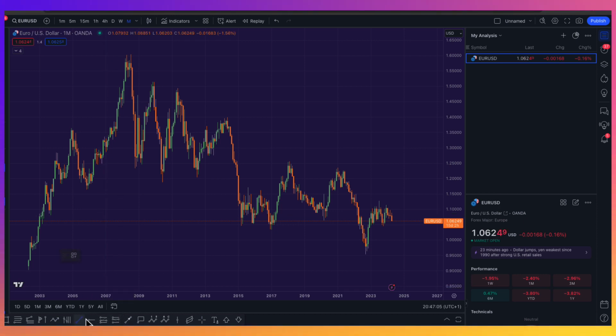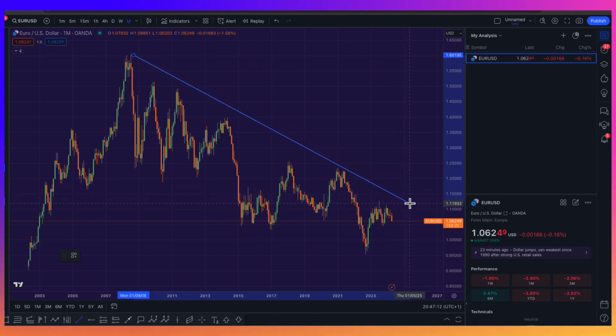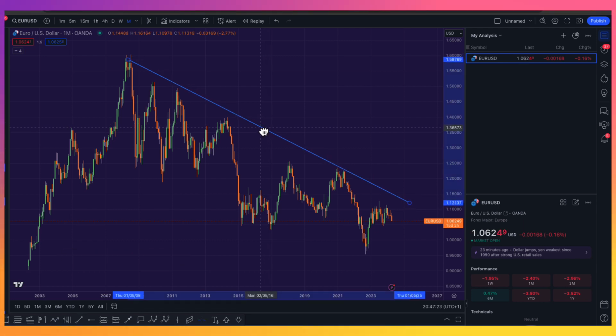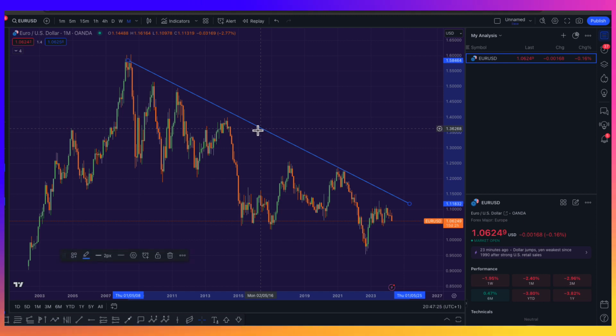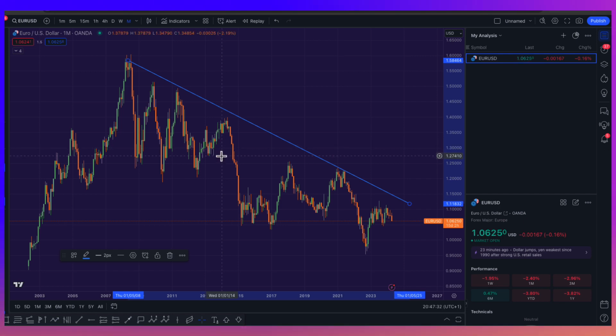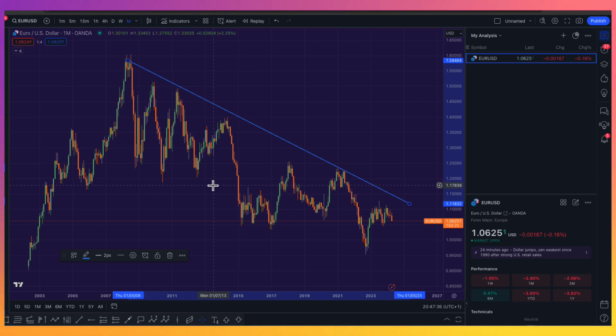If I use the line tool, the way I usually do that is I get something parallel to what I feel, and then I move it to fit. Yeah, this is probably the best resistance and support line that I can imagine for this market at this stage.